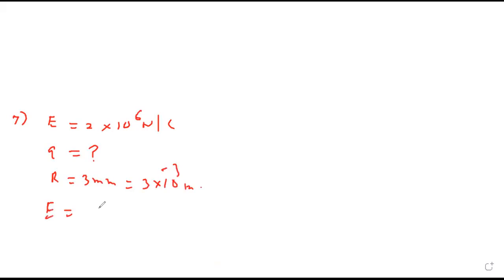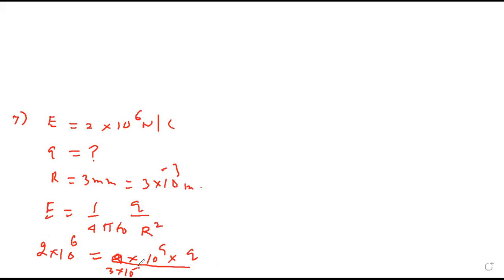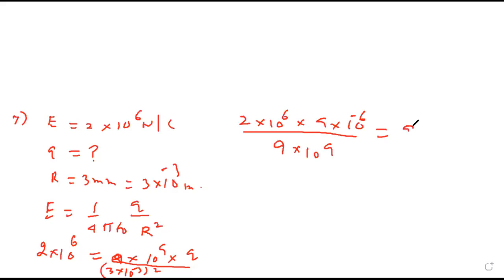Now we know intensity of charge is 1 upon 4 pi epsilon times q upon r squared. Here distance means radius squared. So maximum intensity is 2 into 10 raised to 6 equals 9 into 10 raised to 9 times Q upon radius 3 into 10 raised to minus 3 whole squared. Therefore Q equals 2 into 10 raised to 6 times 9 into 10 raised to minus 6 upon 9 into 10 raised to 9.